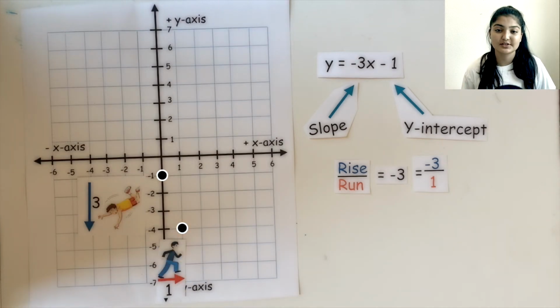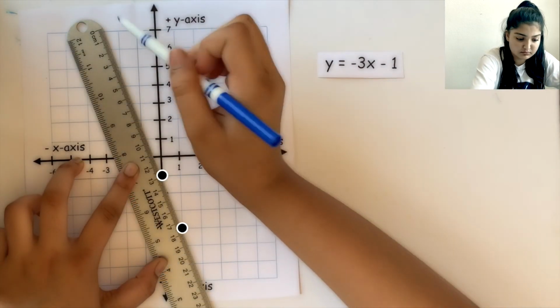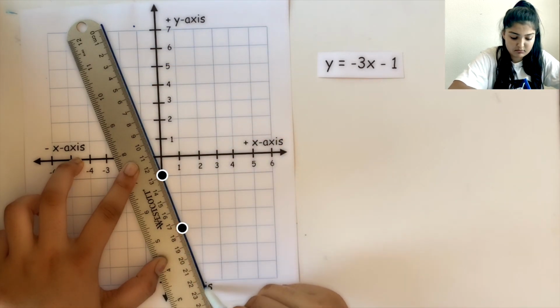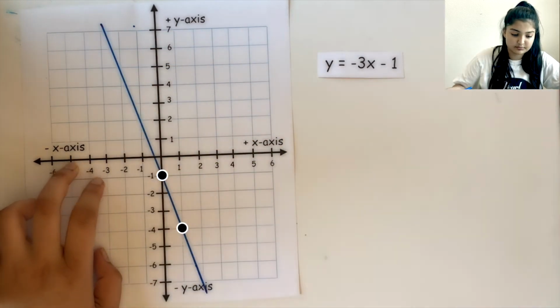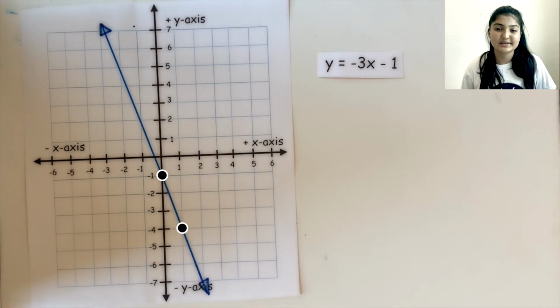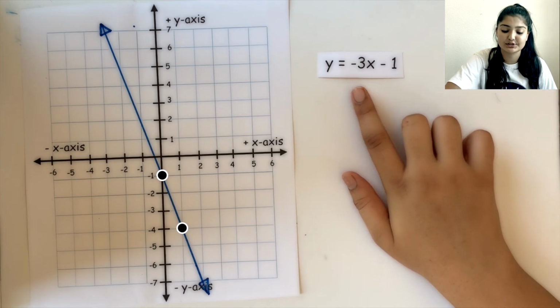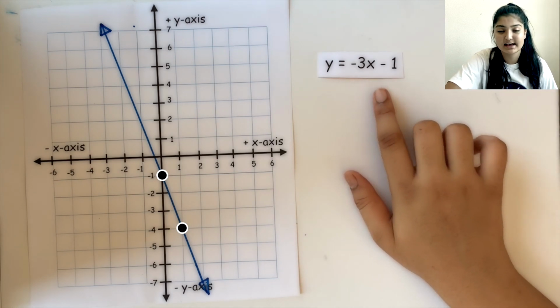Now that we have 2 points, let's connect them and graph this line. Here is the line that is graphed from this equation: y is equal to -3x minus 1.